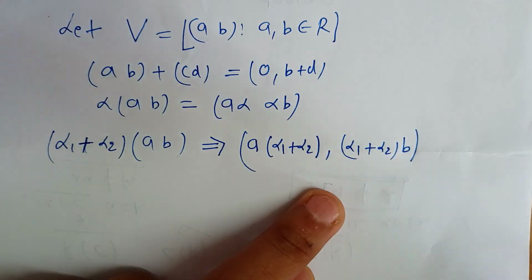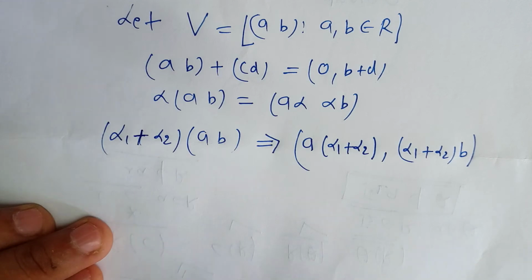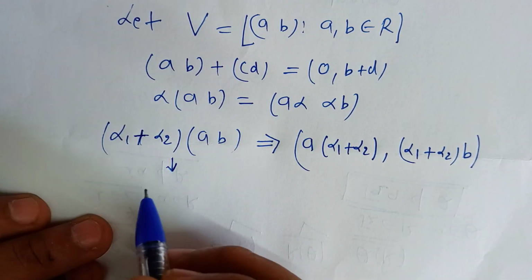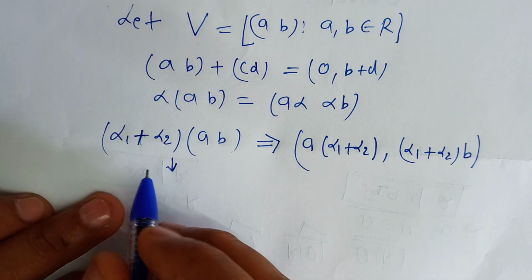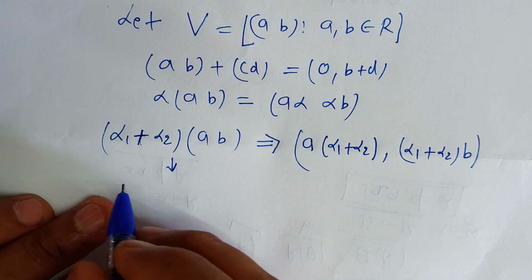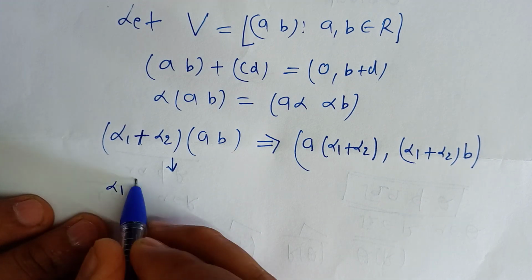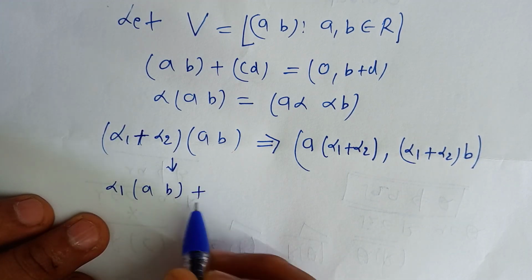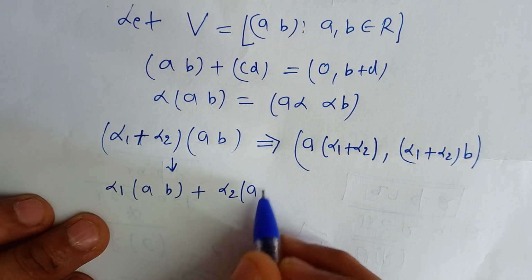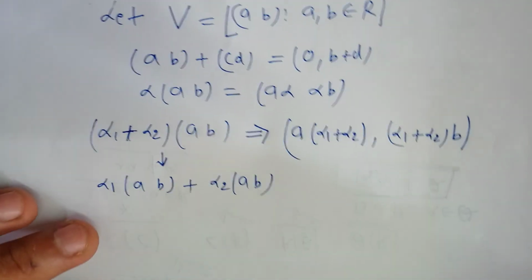Now we can also write alpha 1 (a, b) plus alpha 2 (a, b).